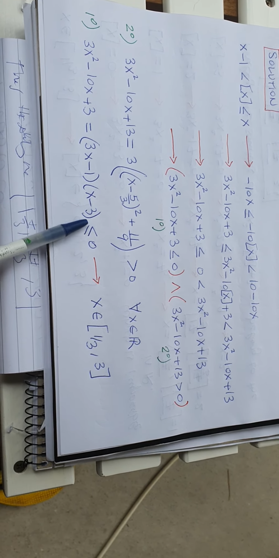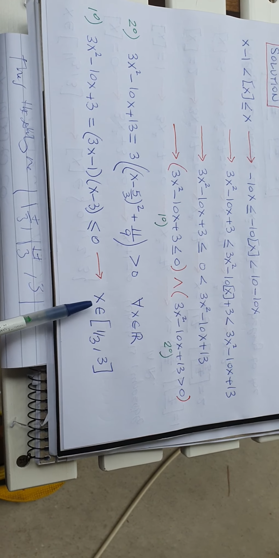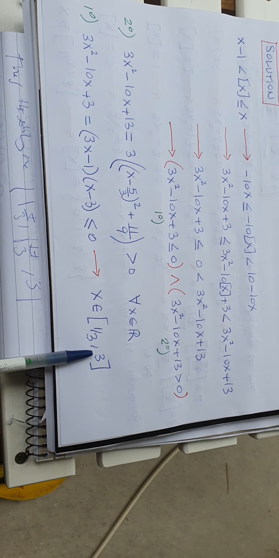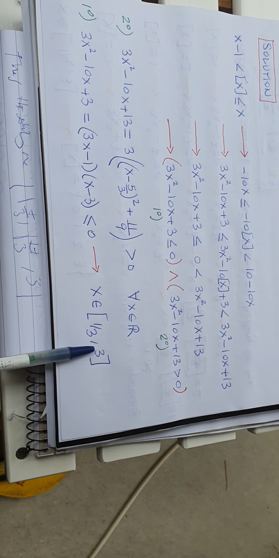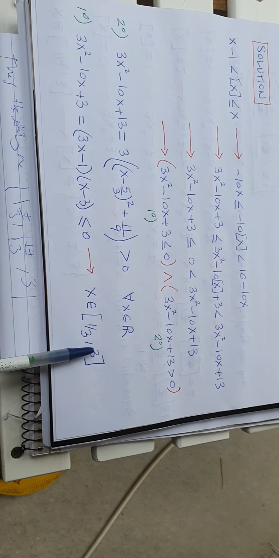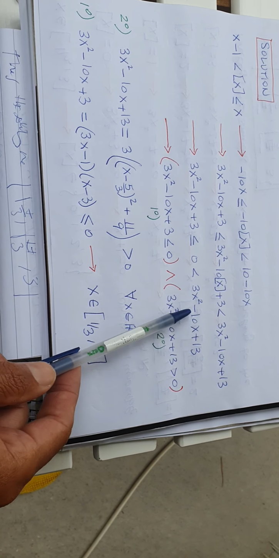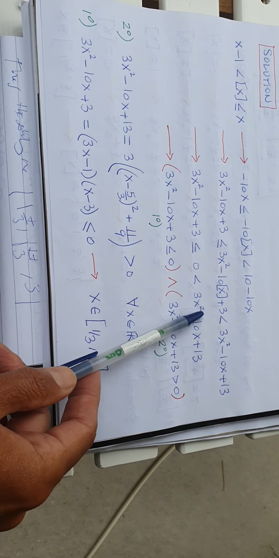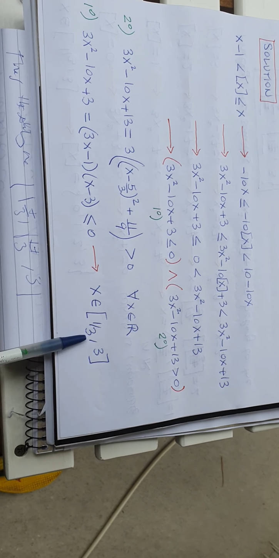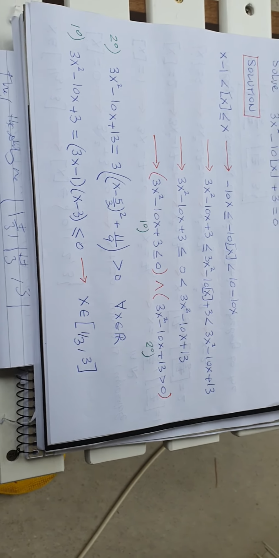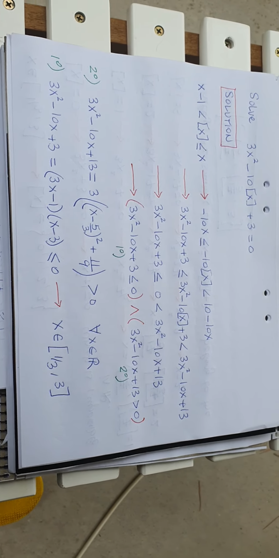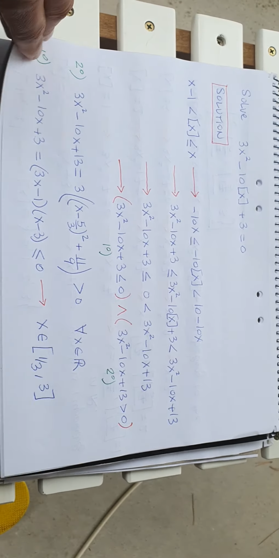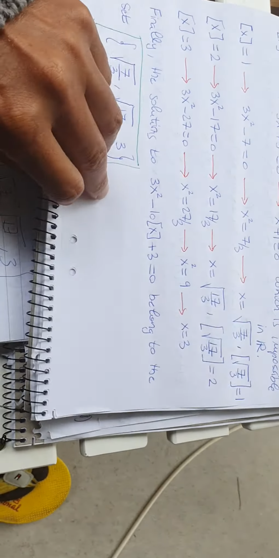And this holds whenever x lies in this interval. So now this double inequality has transformed into this. But are we done yet? No, we are not. There's still some work to do here.